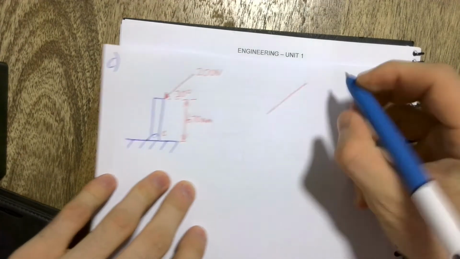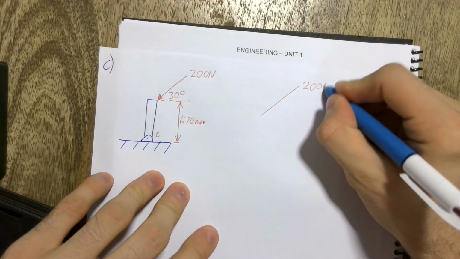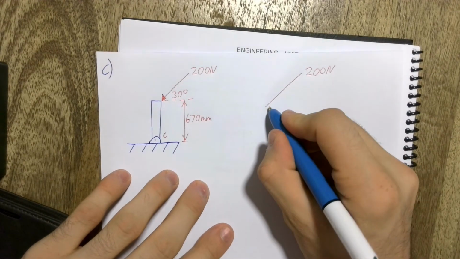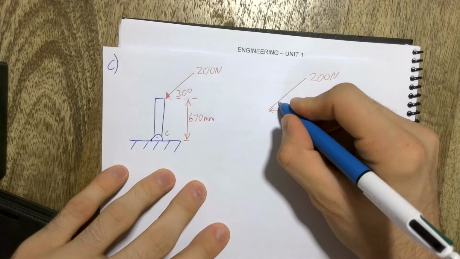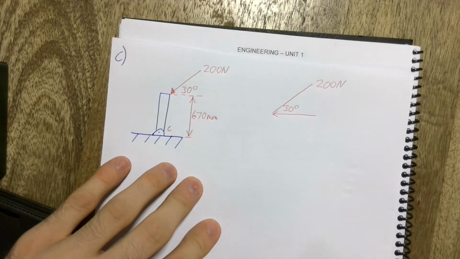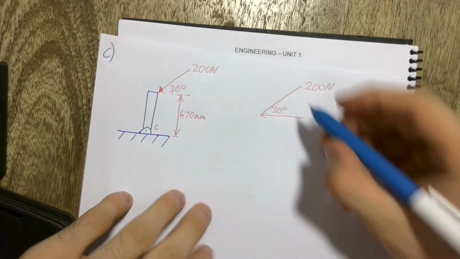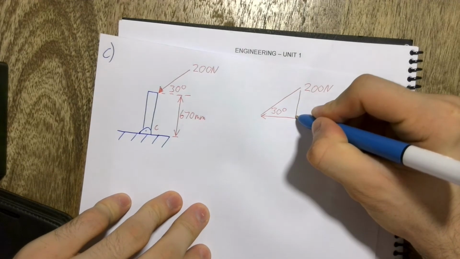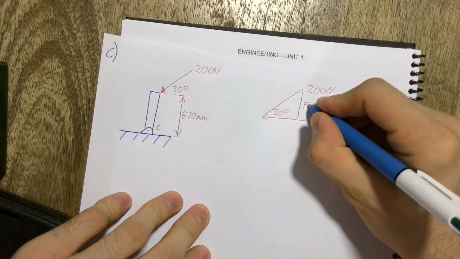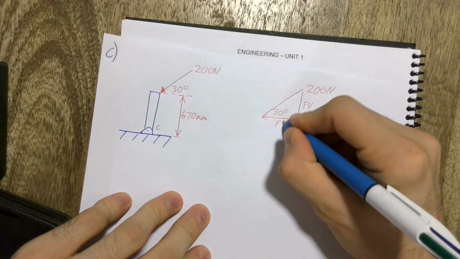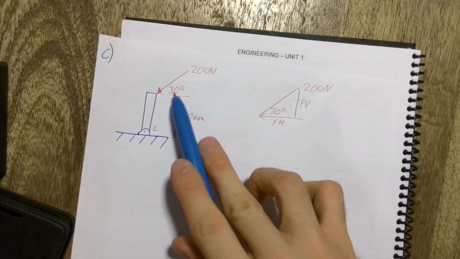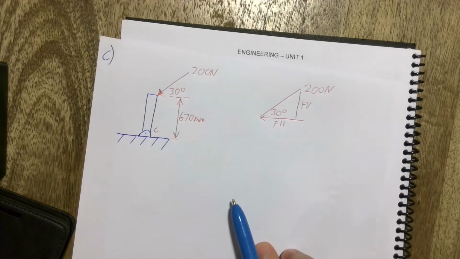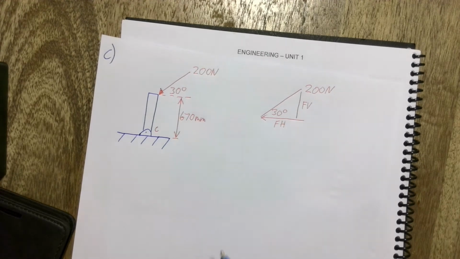If we add that in there with 200 newtons, we've got a nice line in here with an arrowhead, okay, 30 degrees in there. And if you were to bring that down in there, that there would now be the force vertical, that now would be the force horizontal. We still don't know which one we need to use to work out this problem, but that is essentially what you'd be looking for, okay?